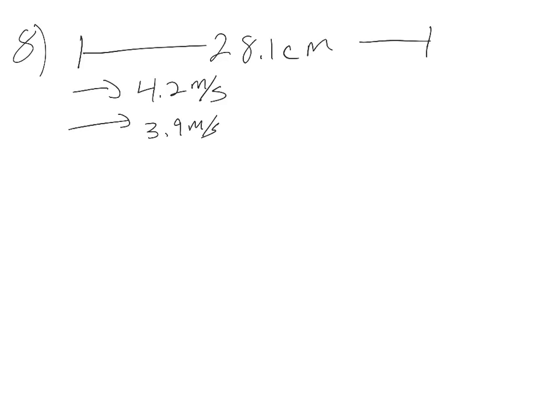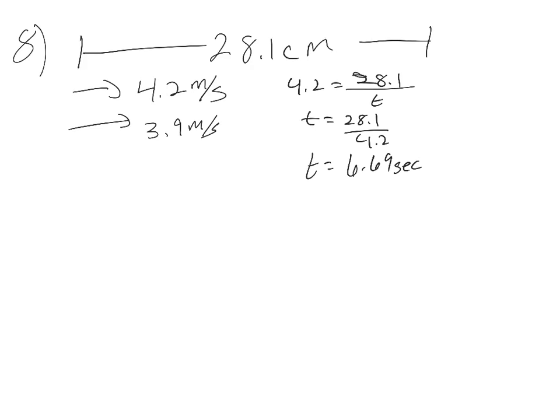So actually, we're going to set this up. 4.2 equals 28.1 divided by t, and then t would be equal to 28.1 divided by 4.2. So if we do that, 28.1 divided by 4.2 is 6.69 seconds, and then we're going to see how far 3.9 got in that time.